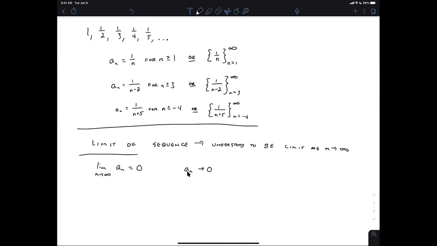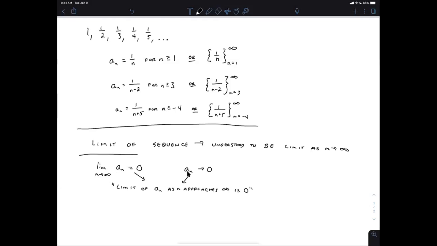You can use this notation and this notation to mean the same thing: the limit of a_n as n approaches infinity is 0. That's both of these.